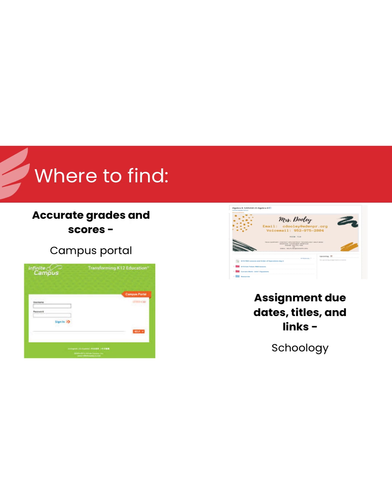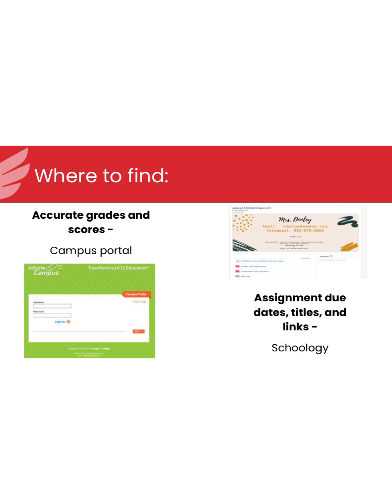Any extra worksheets are going to be on Schoology. They can find everything on Schoology. I post videos. Even if I give them a worksheet on paper, it will be posted on Schoology as a PDF link that they can download to their iPad.